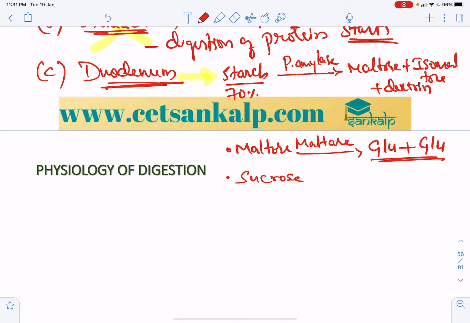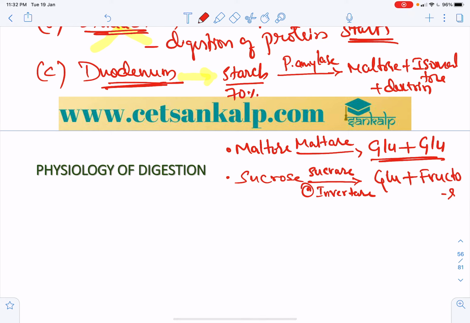Maltose in the presence of maltase enzyme; sucrose in the presence of sucrase, make a note of it, sucrase, which is also called invertase. Sucrose acted upon by sucrase is converted into glucose and fructose.